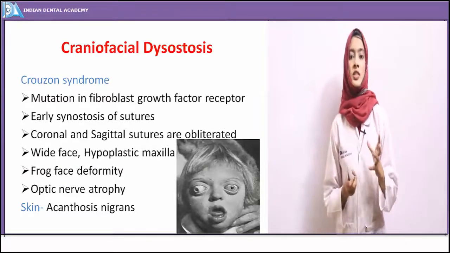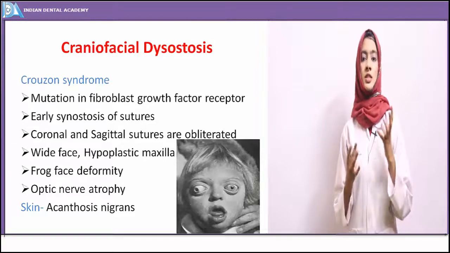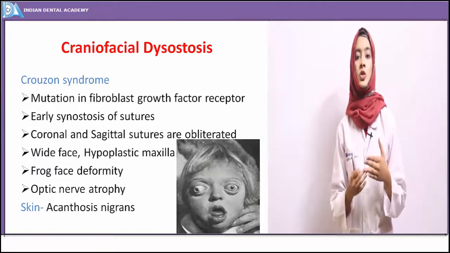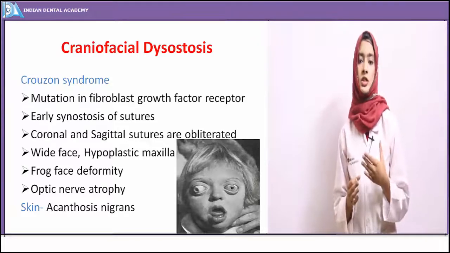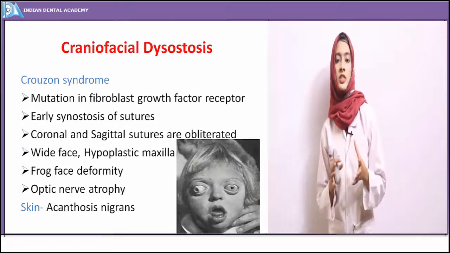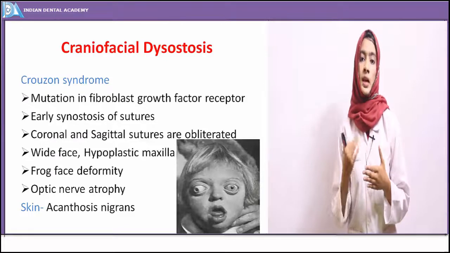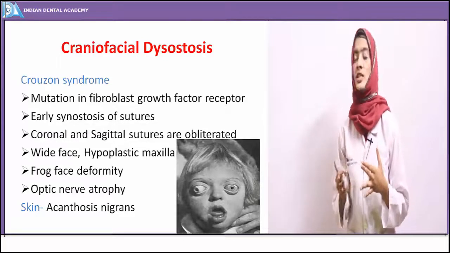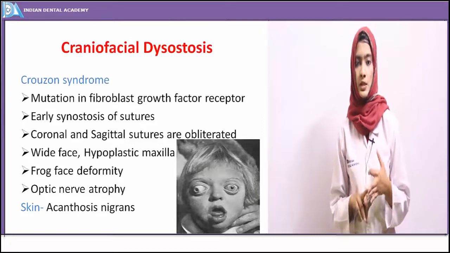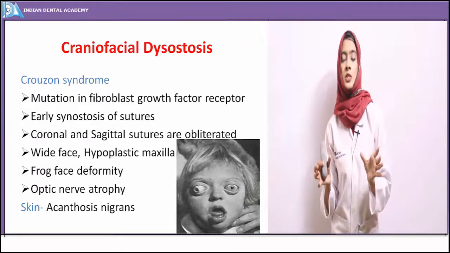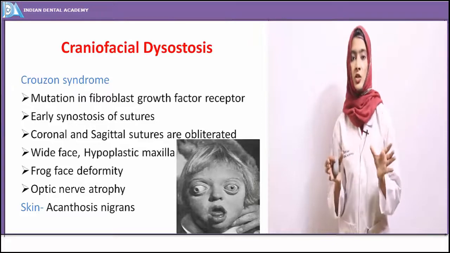Craniofacial dysostosis. Craniofacial dysostosis is nothing but disturbances or the early closure of the sutures. So that denotes the craniofacial dysostosis. There are a variety of syndromes coming under craniofacial dysostosis. We will study Crouzon syndrome and Apert syndrome. Both the Crouzon syndrome and the Apert syndrome are craniofacial dysostosis syndromes.